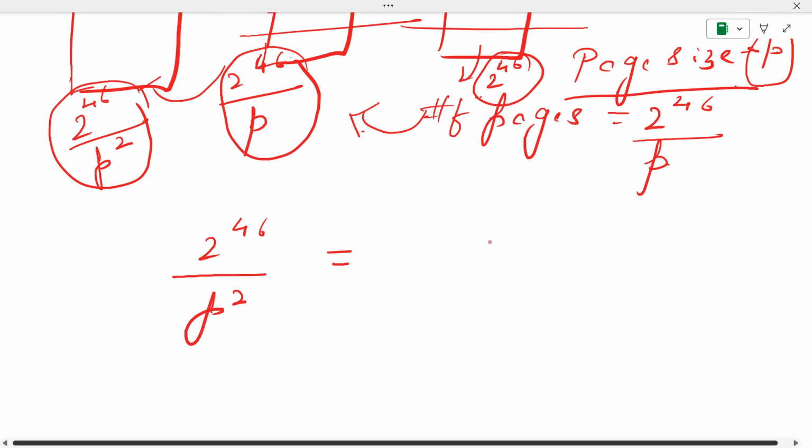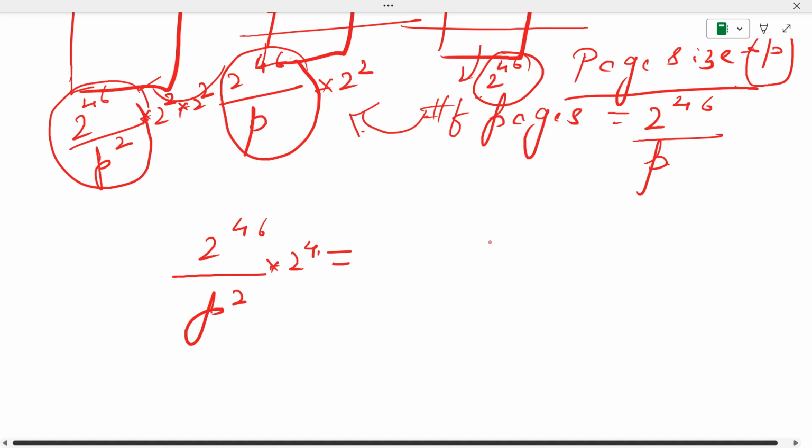It is same as the page size. So page size is how much? Page size is, okay, and we are not multiplying it by page table entry, that is 2 raised to the power 2. So this is 2 raised to the power 2 into 2 raised to the power 2. So this is 2 raised to the power 4.